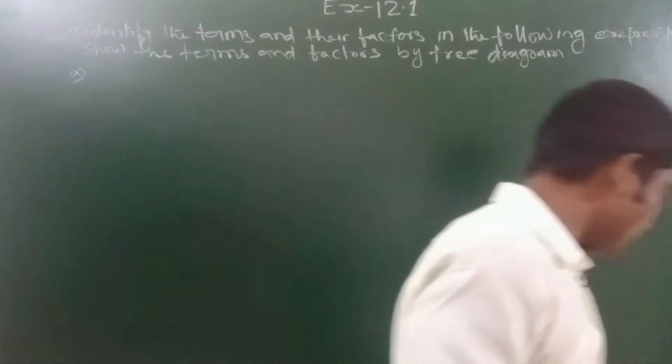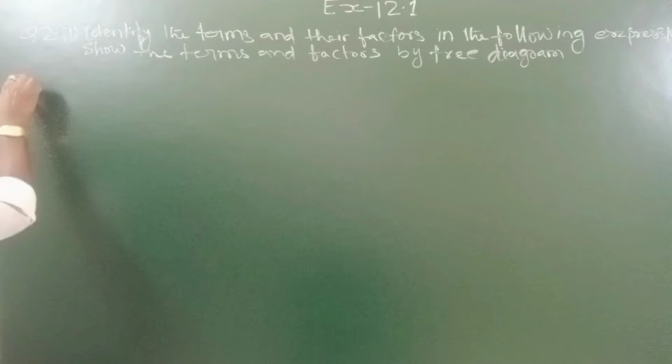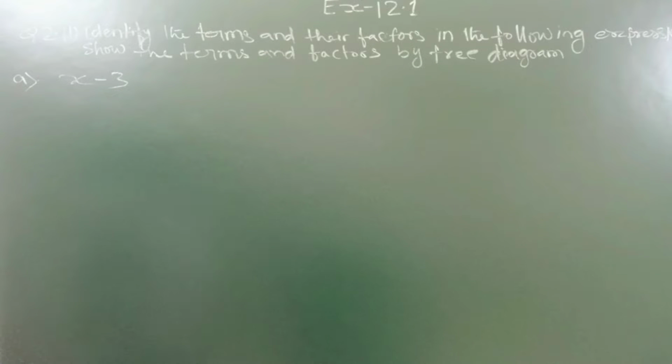A is x minus 3. So here we know, students, that in this expression x minus 3 we have the terms x and 3. One term is x, another term is 3.